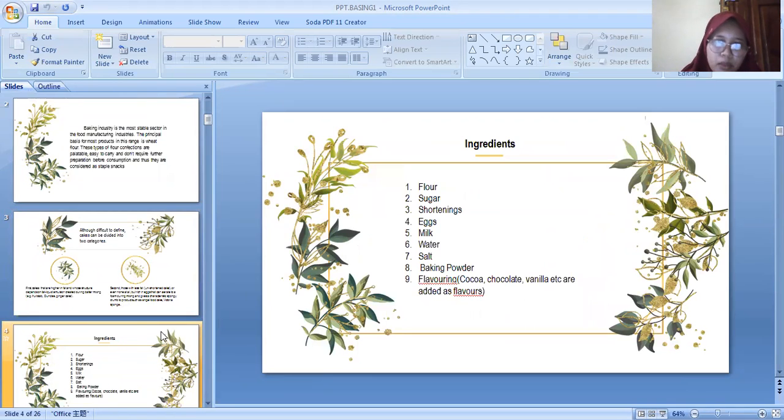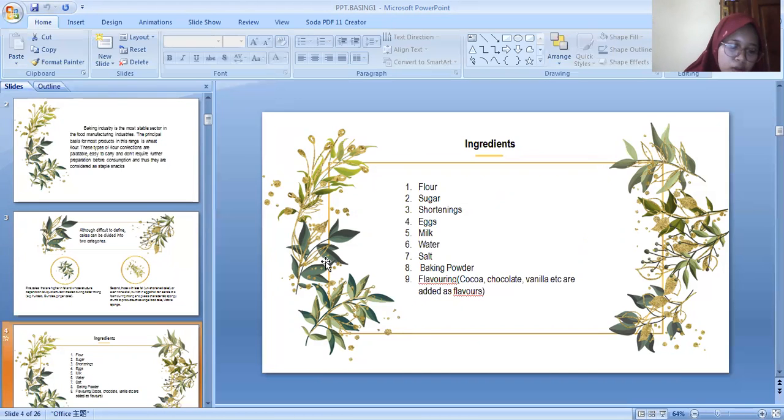Ingredients: 1, flour. It builds the structure of cake and holds other ingredients together in an evenly distributed condition in the cake. 2, sugar. Sucrose is the most widely used sweetening agent in cake making. 3, shortening. For cakes, it has good creaming and emulsifying properties. 4, eggs.